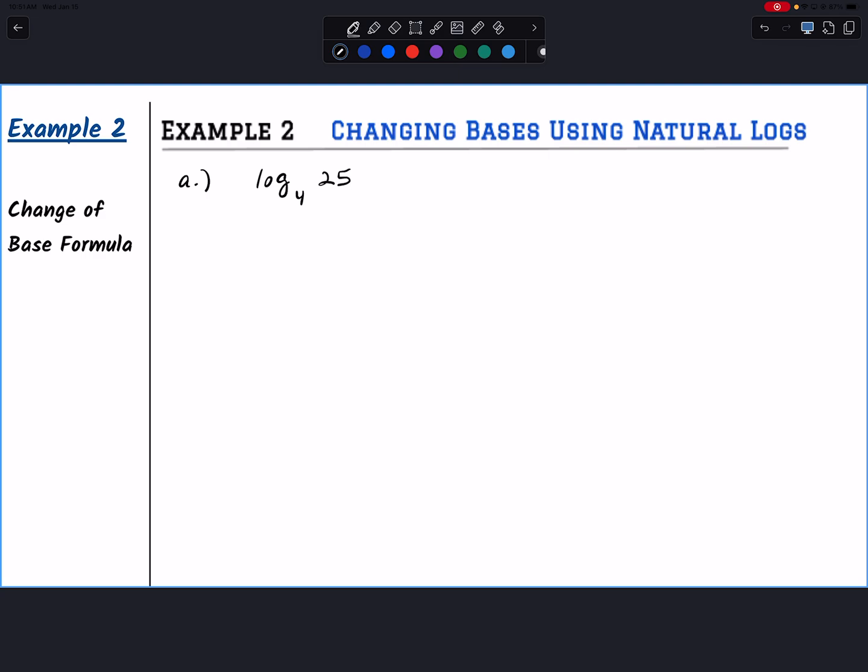So if I want to use natural log formula instead, what's the only thing that's going to change? Instead of using log, we're going to use ln. So what number goes on top, 25 or 4? 25. So this is going to equal the ln of 25 divided by the ln of 4.